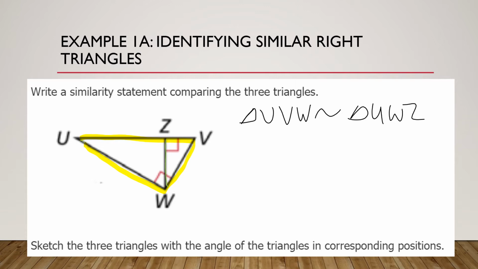That would be this one, U, W, Z. And then our final one would be triangle W, V, Z. So that would be our third triangle. Similar to triangle W, V, Z. So again, we want to make sure we go in the same order.